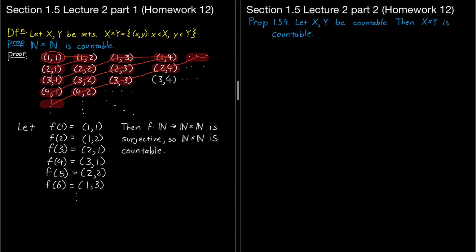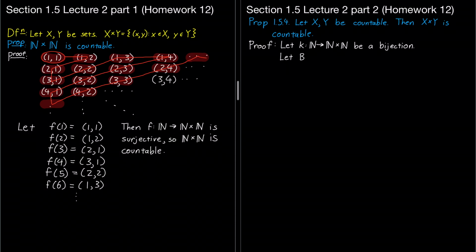To prove this, let K be a mapping from N to the Cartesian product of N with itself, a surjection, bijection, whichever you prefer. And we saw in the last proposition that K exists.